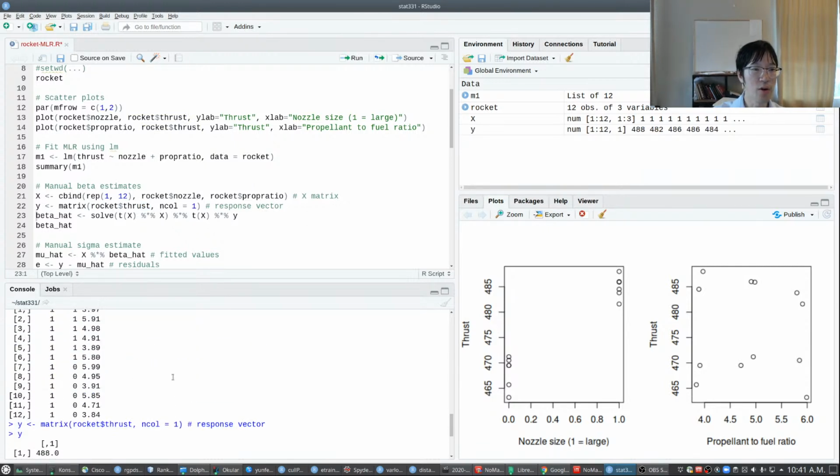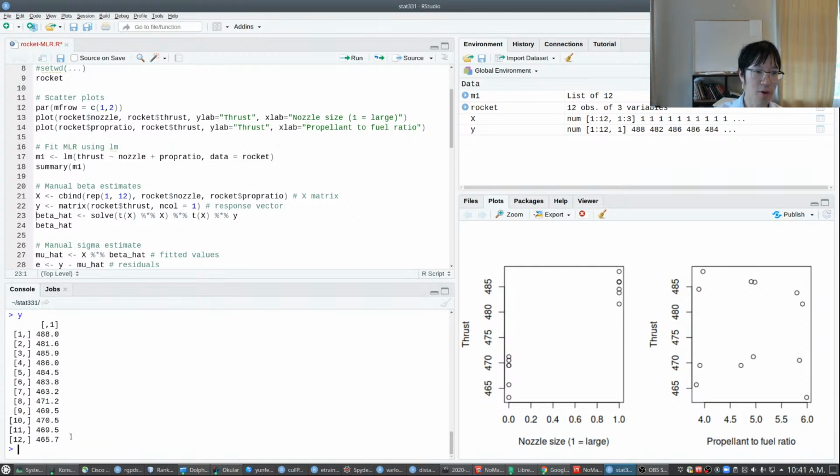Now we have X, we have Y, and so now we can solve our least squares equations for beta hat. This line gives us syntax for how to do some basic matrix operations in R. You notice that there's this operator: percent sign, then the times sign, and another percent sign.